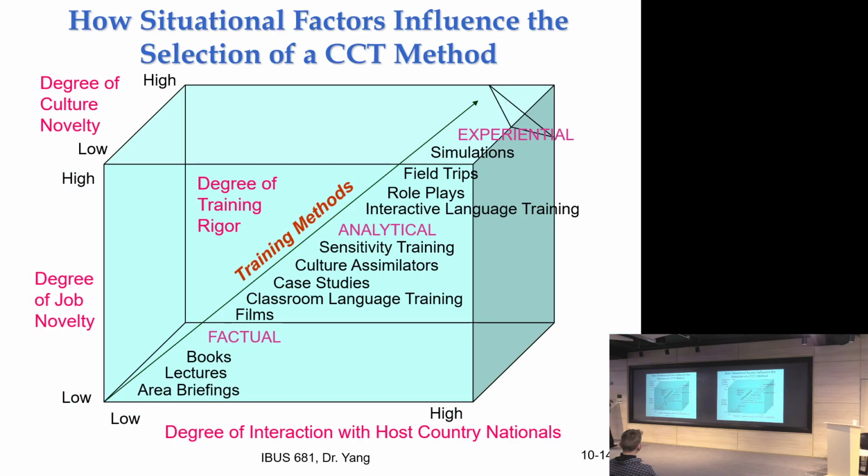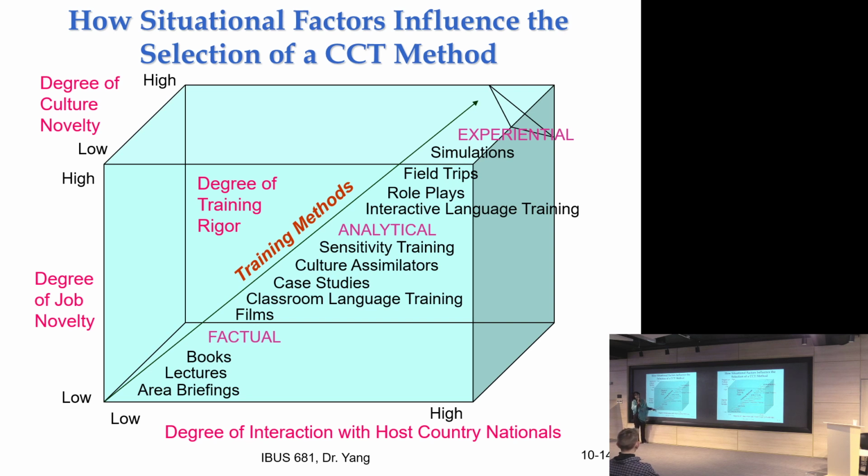Now, to make your life again a little bit more complicated, we have here certain options. Over here on this side, what we have is degree of interaction with host country nationals. It goes from very low, which means that when you go overseas, you really will not be one-on-one on a daily basis with particular people from that country.